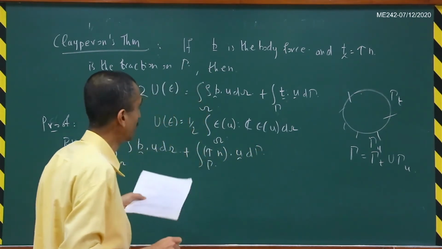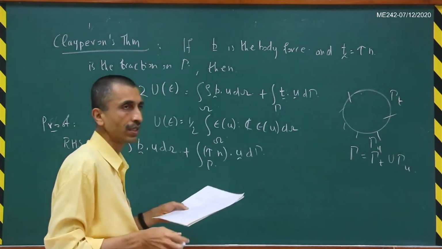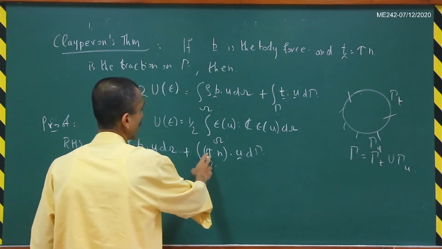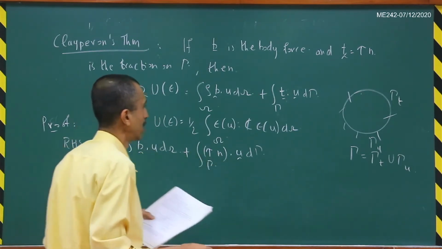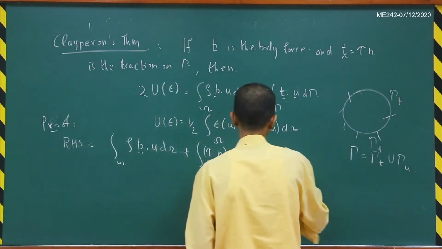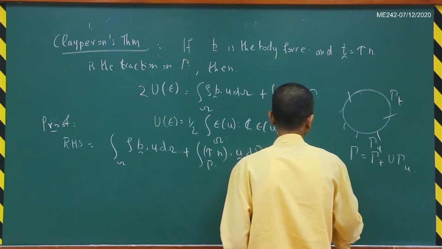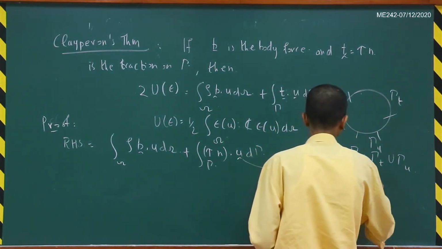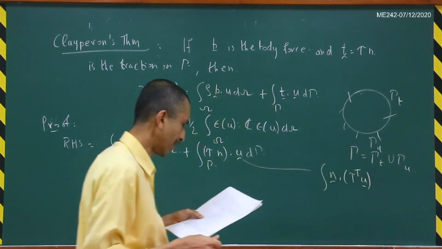Right? Here I am just using the Cauchy relation, that the traction is equal to tau n. And we can then write this particular term as n dot tau transpose times u. Okay? And then I can apply the divergence theorem to this one.